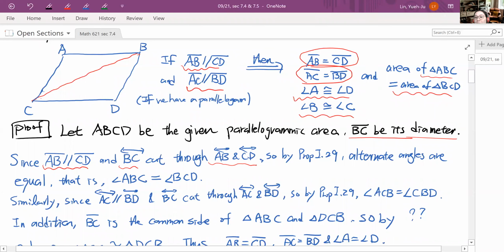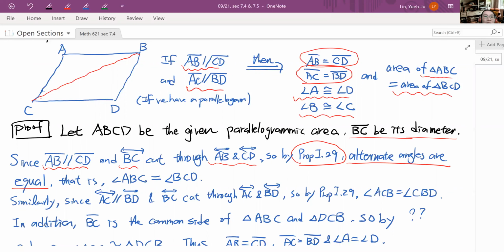This is what we just mentioned: proposition 1.29, which is statement 2 in theorem 7.1, tells you that the interior alternate angles are equal if you have a transversal cutting through 2 parallel lines.